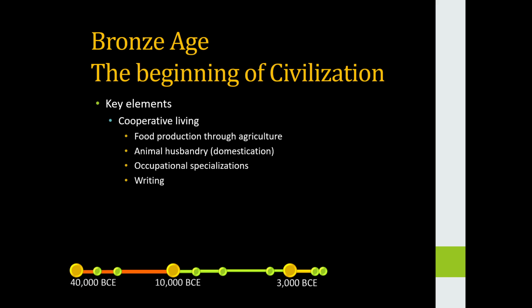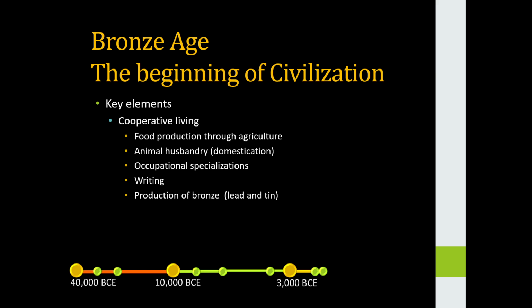Another very important part of this era is writing. And writing came about for the need of keeping track of the food. So we needed to count food, and we needed to know who got what. Once again, that need for distinction. So writing came from that.